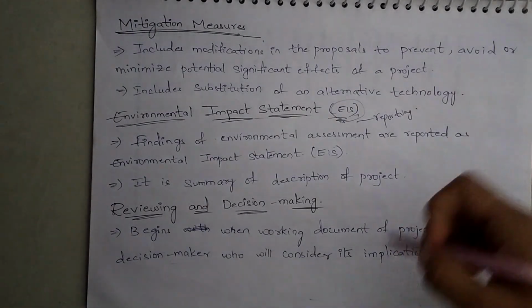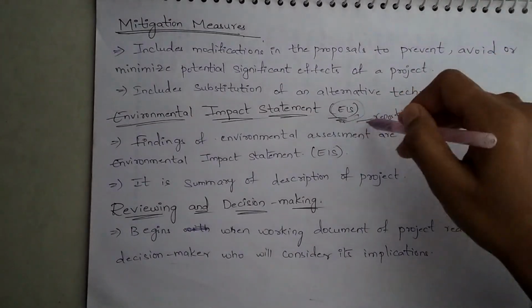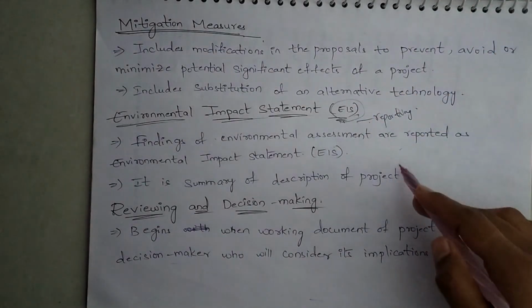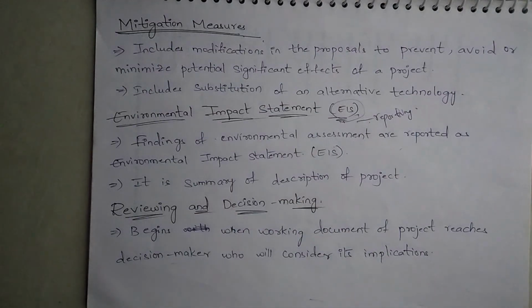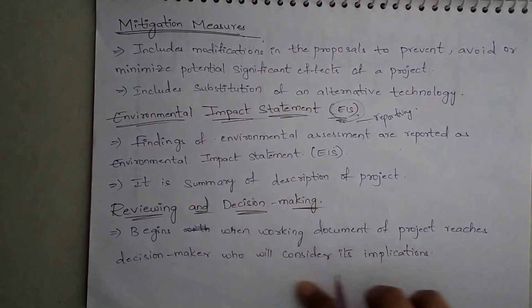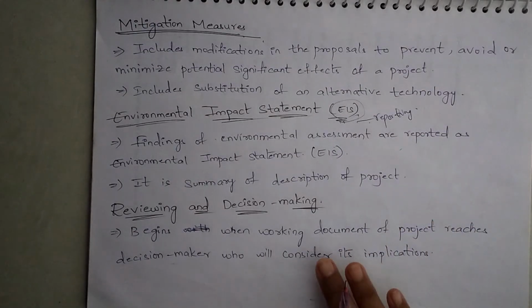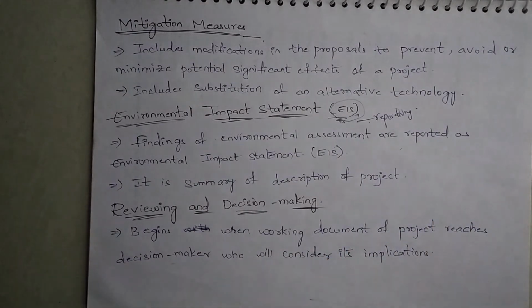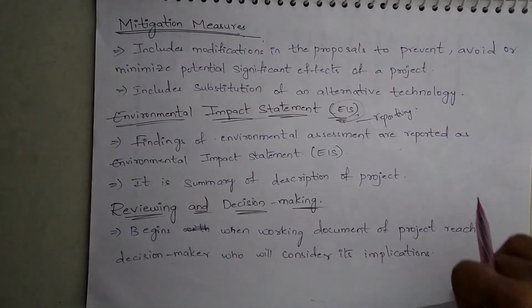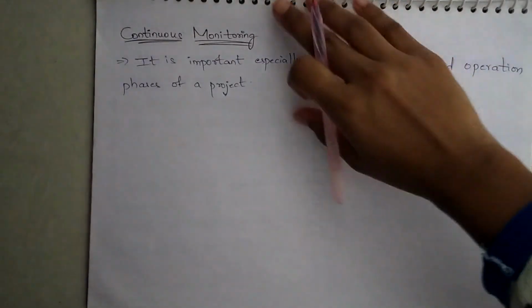That means after they receive the report, there is a person who has to approve the report, or he has to approve the project. This report will go to that person, and that person will review all the features and functionalities and all those things, and after that the final decision will be made by that person, like should we continue this project, or should we go for something else, like that.